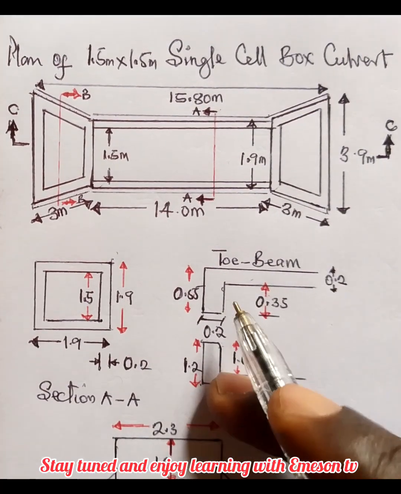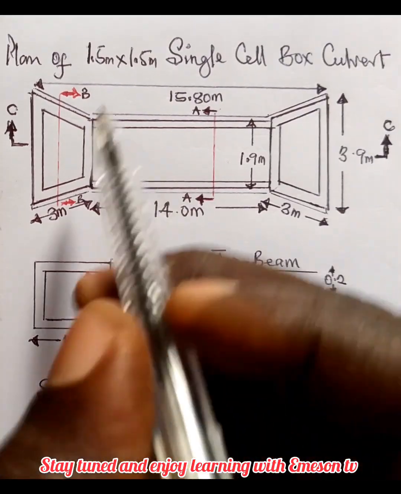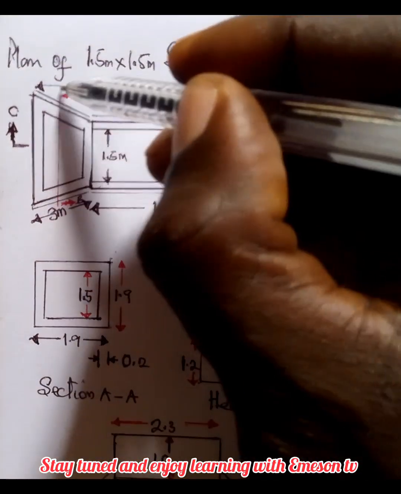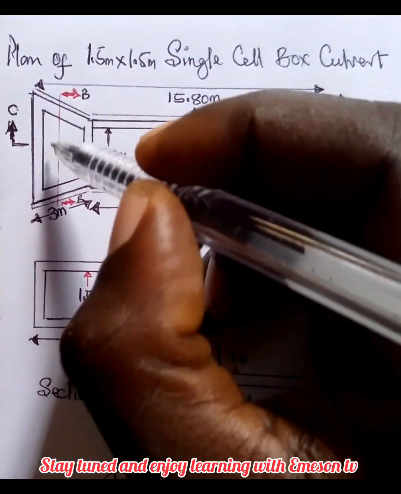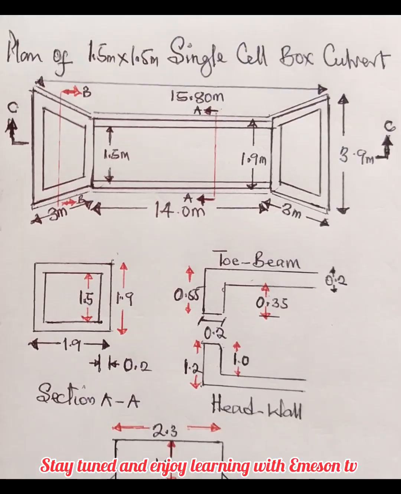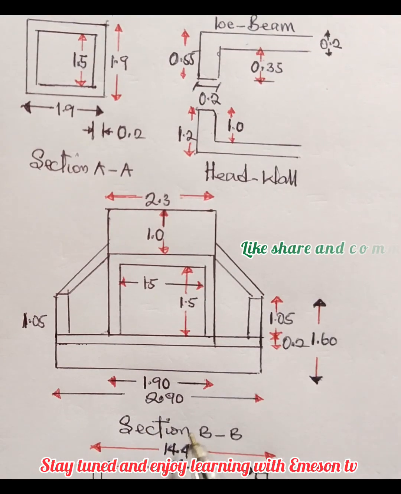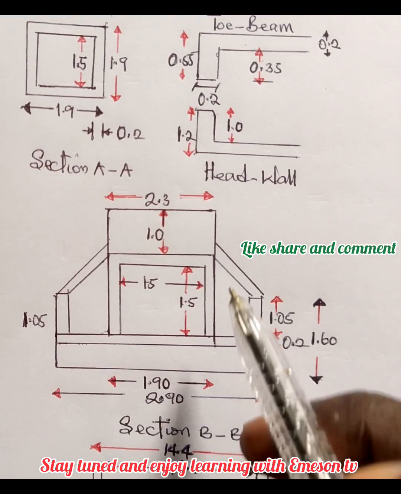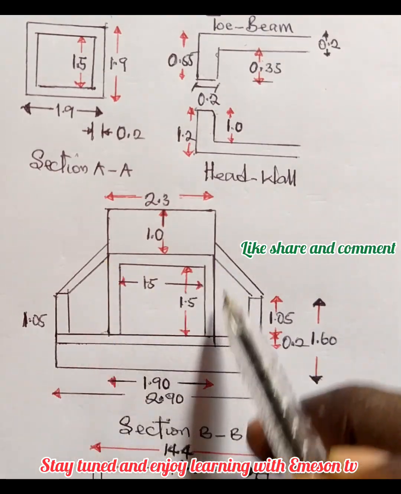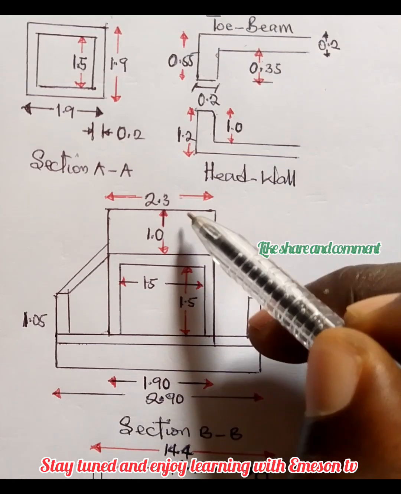That is section AA. Now, if we decide to take section BB, that is this section, if I cut the culvert at this point and I'm standing at this point looking at this direction, what are those things I'm going to see? You see this box in this form, and you also see your head wall projected in this form.